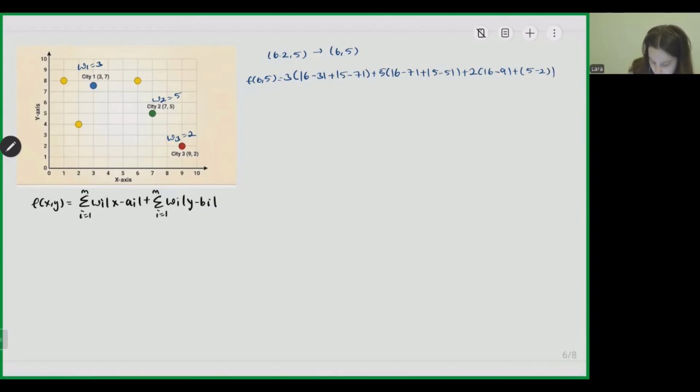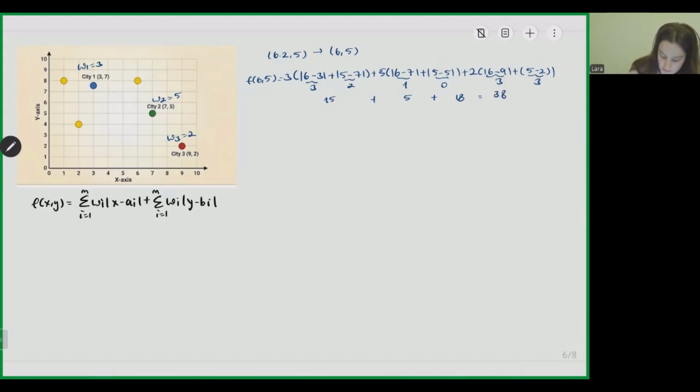Okay, so this part is 3, this part is 2, this is 1, this is 0, this is 3, this is 3. So 3 plus 2 is 5, times 3 is 15, plus 1 times 5 is 5, plus 3 plus 3, 6, times 2 is 12, 18. Yes. Okay, so this is going to give us 38.